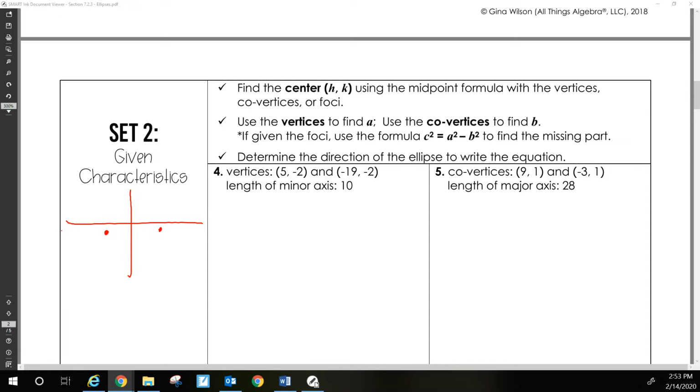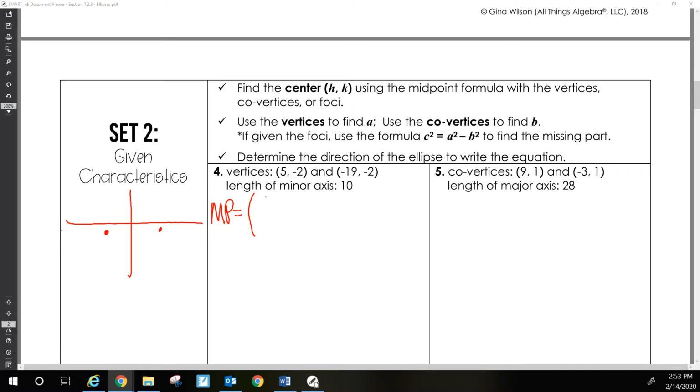All right, so we got (5, -2) and (-19, -2). We're going to use the midpoint to find our center here. And when we're doing our circles, we remember our midpoint is (x1 plus x2) divided by 2, comma, (y1 plus y2) divided by 2.